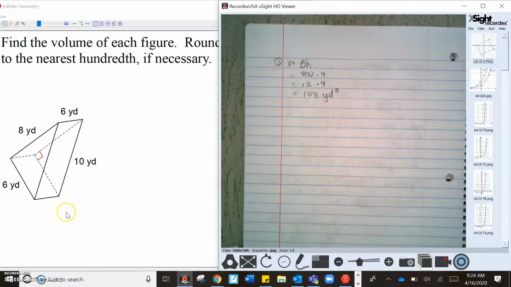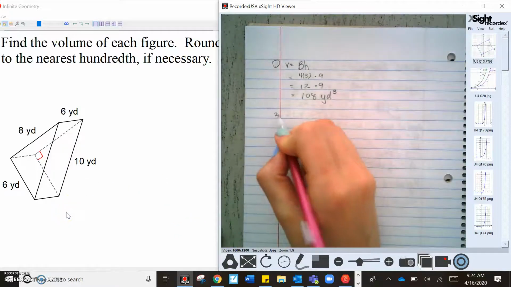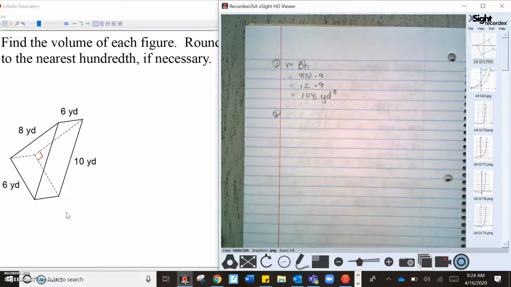All right, this is a triangular prism. So we have, it looks like a base and a height, width, okay. So looking at this, this is our base here. And then it's being pushed out this specific set of units.